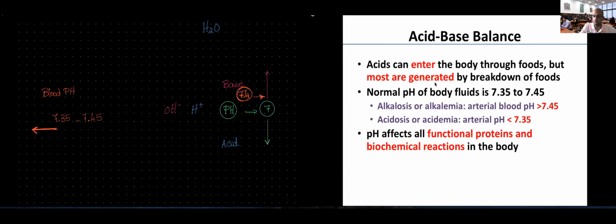If I have a pH, my normal pH is 7.4. If I have a pH less than 7.35, I'm going down. If I'm going down, I have more acids or more bases than what I need. What do you think? More acids. What do you think? Any other?